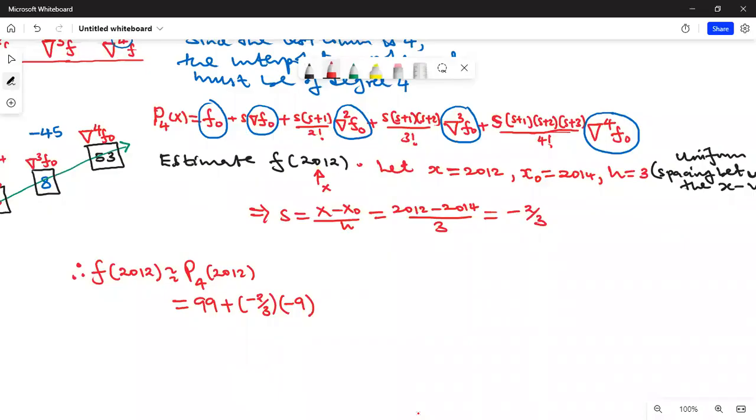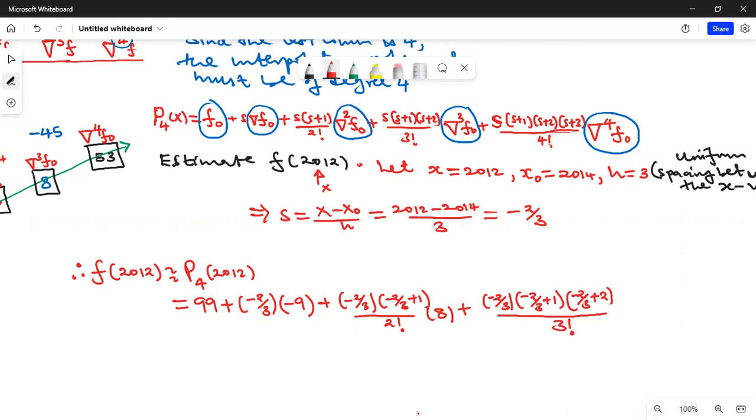The other term is plus S, which is negative 2 over 3, times S plus 1, negative 2 over 3 plus 1, over 2 factorial, times delta squared, that was 8, plus the other term, S, negative 2 over 3, times negative 2 over 3 plus 1, times negative 2 over 3 plus 2, over 3 factorial, delta cubed.